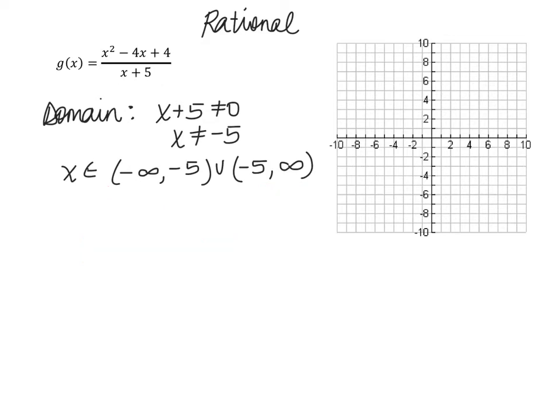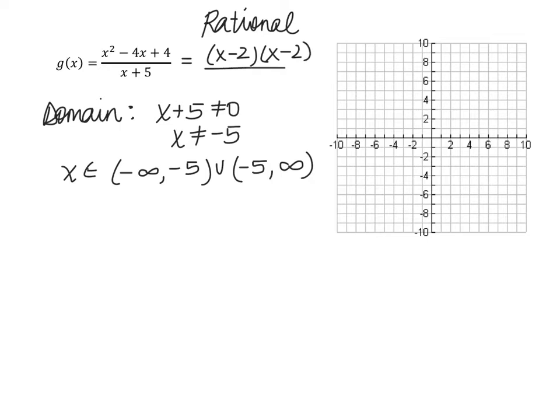Next, I'm going to go ahead and see if this function will simplify at all. So I'm going to take the original function and try to factor either the numerator or the denominator or both. In this case, it looks like the numerator is going to factor. X squared minus 4x plus 4 factors into x minus 2 times x minus 2.